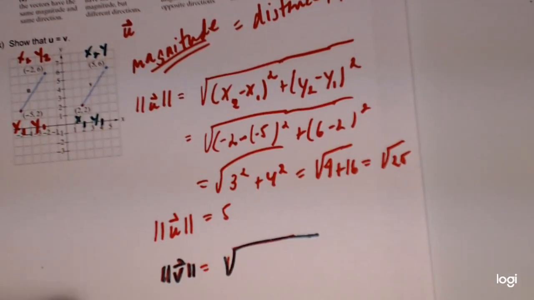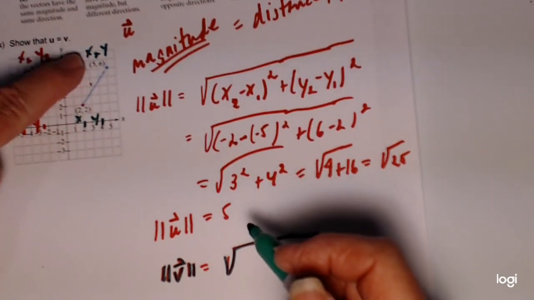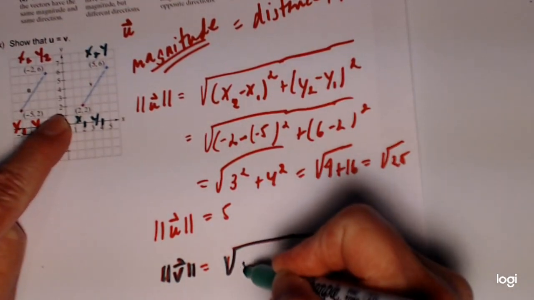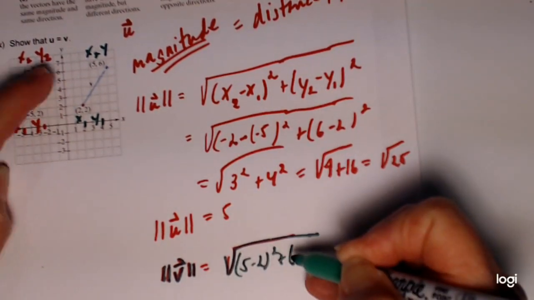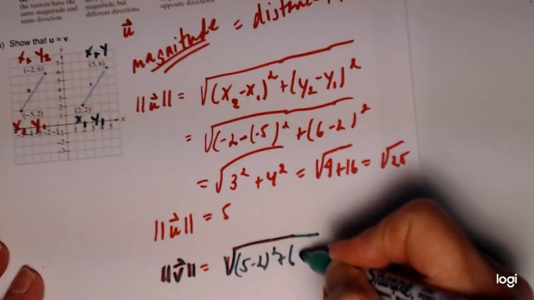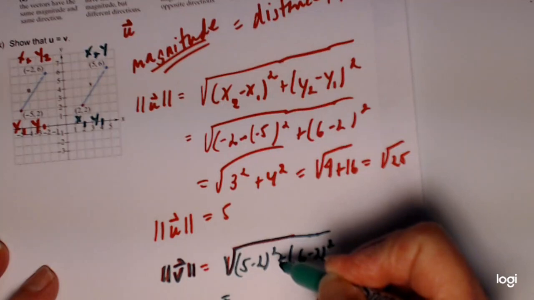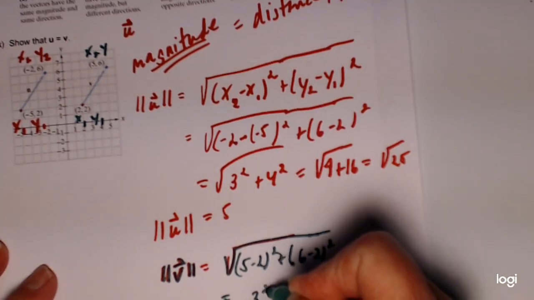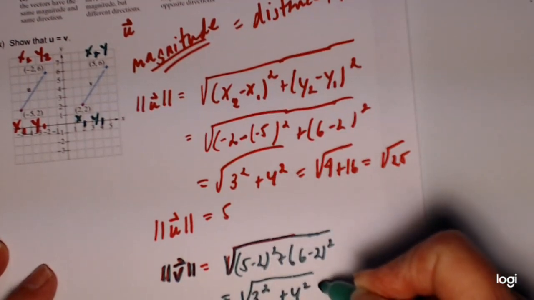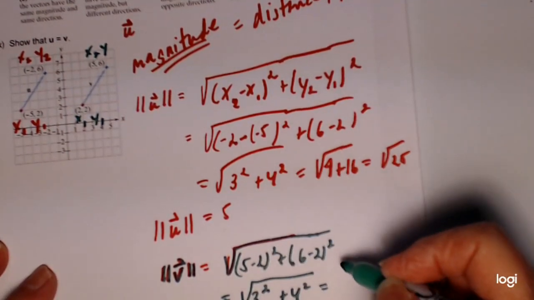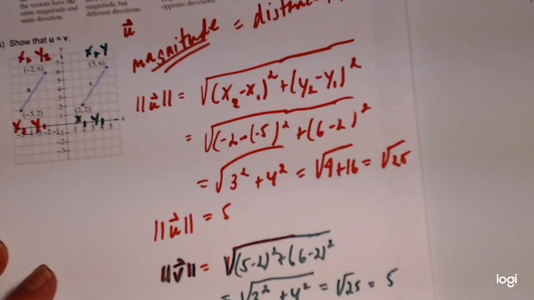So here we have 5 minus 2 for our x's squared, and now we have 6 minus 2 for our y squared. And this is 5 minus 2, we have 3 squared, 6 minus 2 plus 4 squared. So this, we can see it's the same as there, going to be square root 25, which is 5.